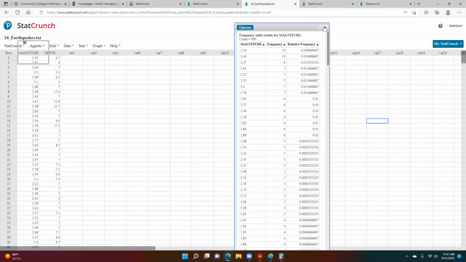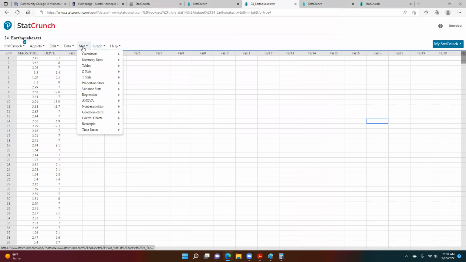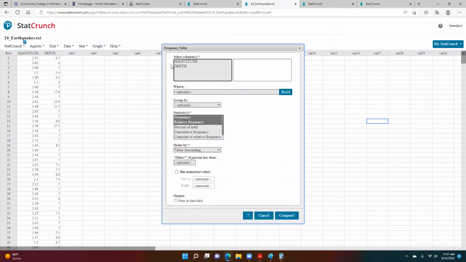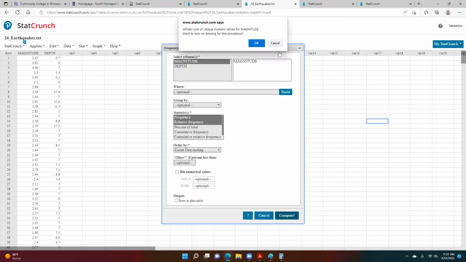Let me show you again how we do this. You go to Stats, Table, Frequency, and select the correct variable, magnitude, and count. Ascending or descending, either one of these. I usually do descending, so the highest frequency goes down, and hit Compute. If an error message comes out, hit Cancel, don't hit OK.